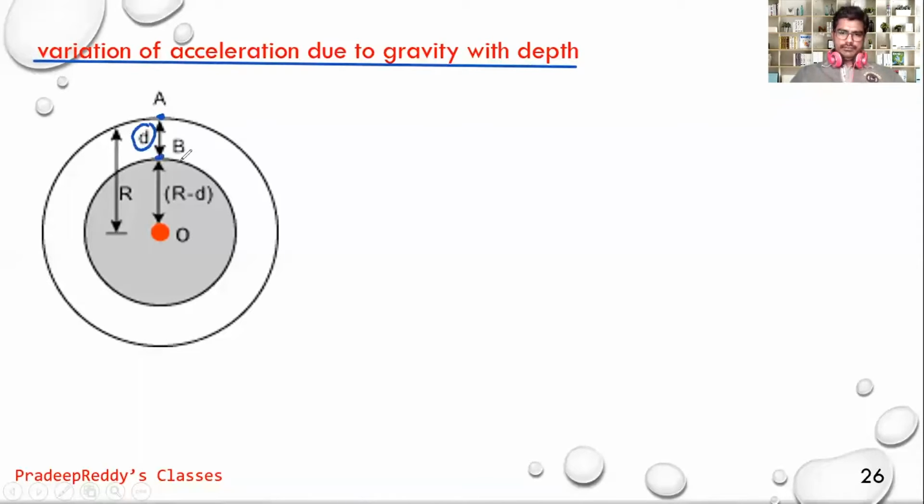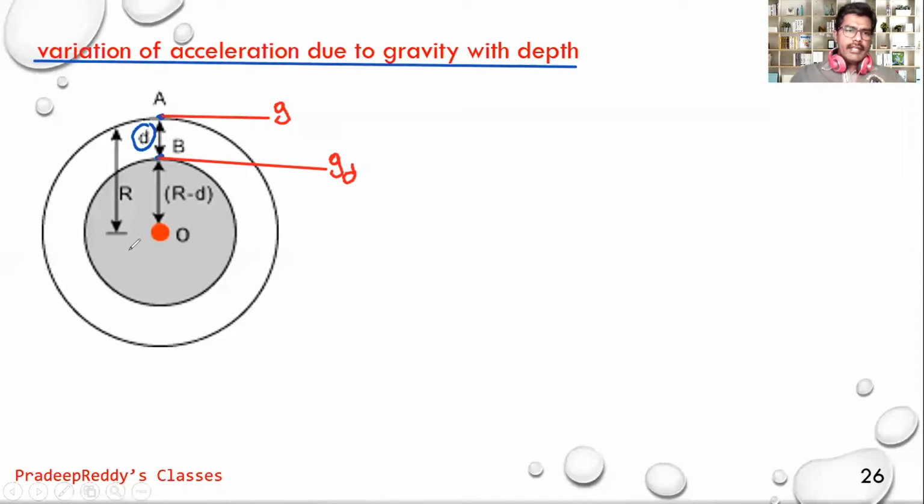So what I do, I'll consider acceleration due to gravity at these two positions as, on the surface of the earth, it is g, and at the depth d, I can consider it as g_d, which is acceleration due to gravity at depth d.